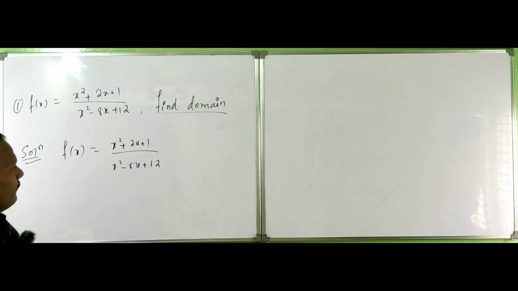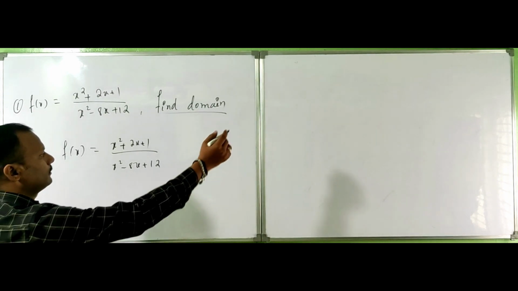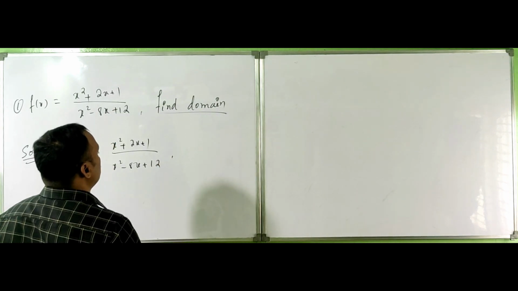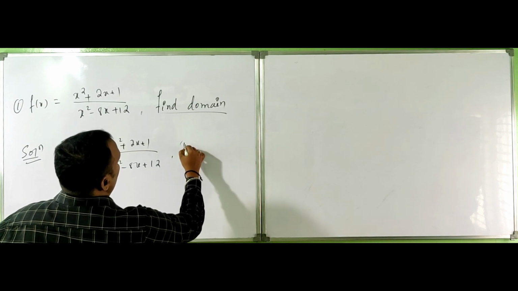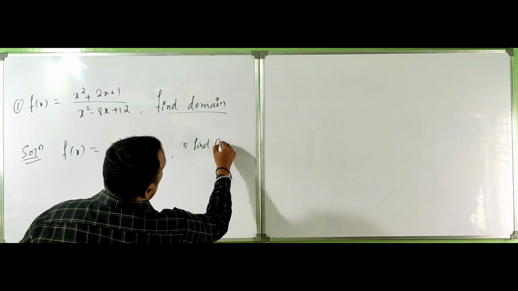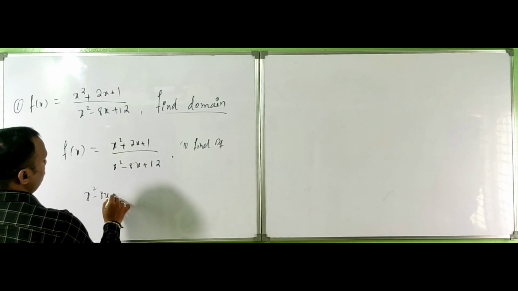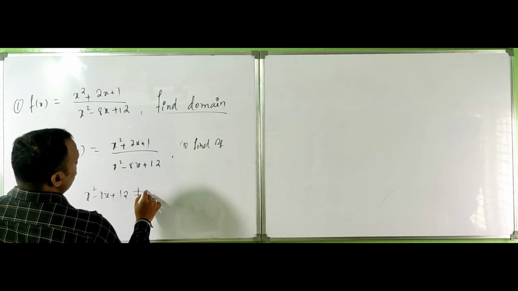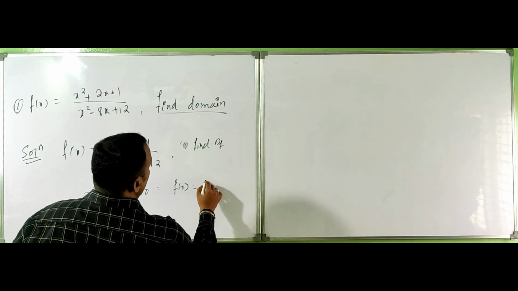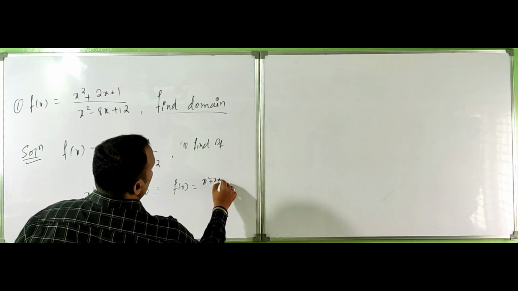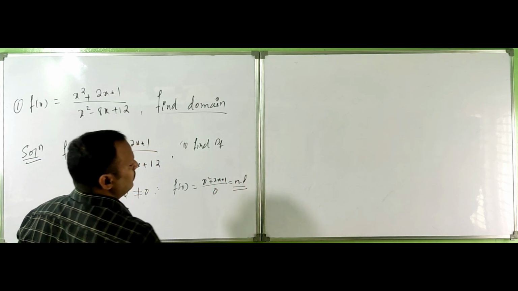To find the domain of the function, D of f, the denominator x square minus 8x plus 12 must not be equal to 0, because f of x is not defined when the denominator is 0.